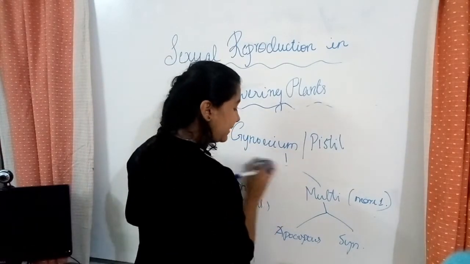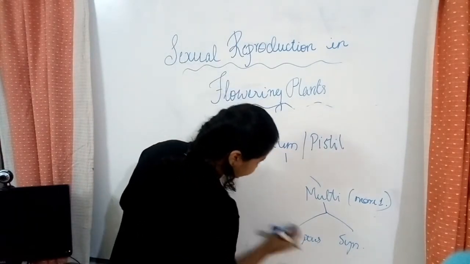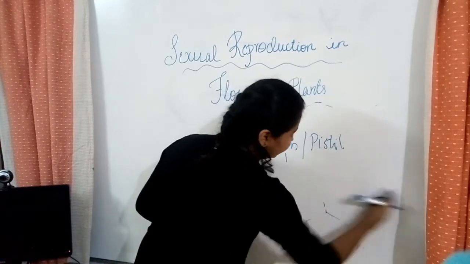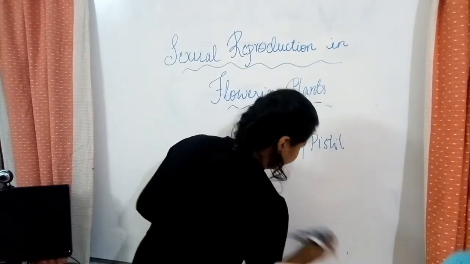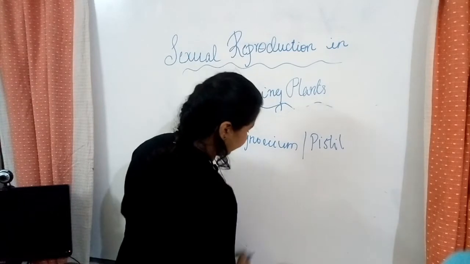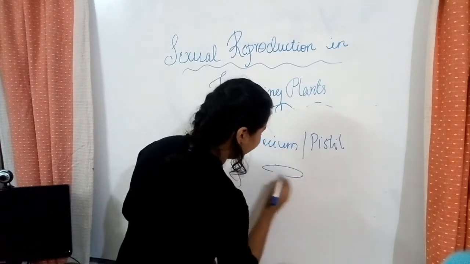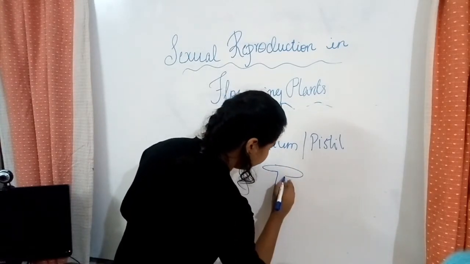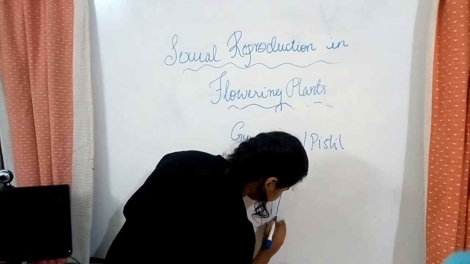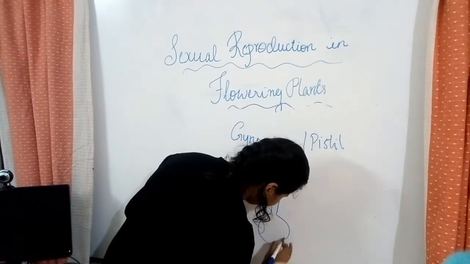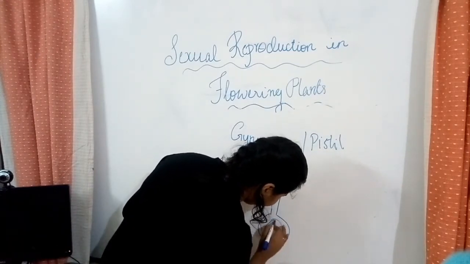In the beginning of the chapter, I drew the whole flower with the stamen, stigma, everything. So let's just redraw it again. This is the stigma, this is the style, this is the ovary.